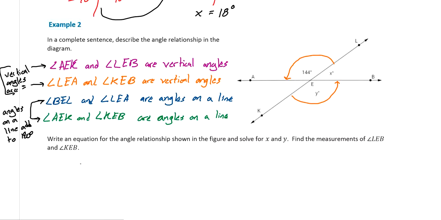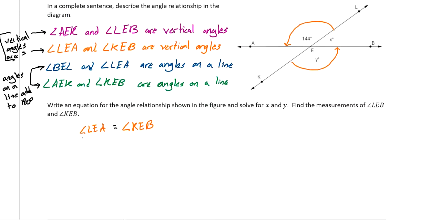Vertical angles have equal measures. So angle LEA is equal to angle measure KEB because they are vertical angles.